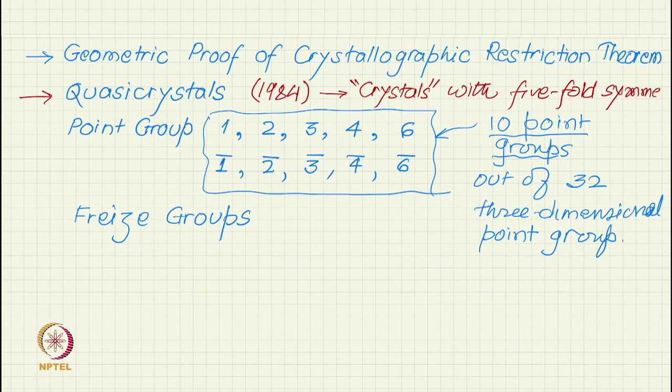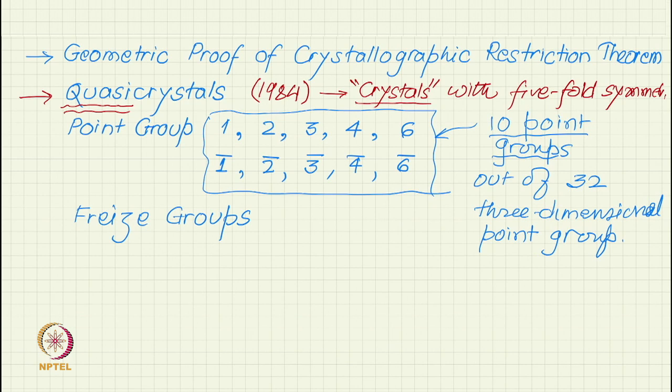That was the original discovery. Later on, 10-fold symmetry, 7-fold symmetry, various kinds of symmetry groups started coming in. So, I put crystals in inverted commas because they are not really crystals, and that is why the adjective quasi was prefixed to crystals to distinguish them from true crystals, which we are discussing in this course.